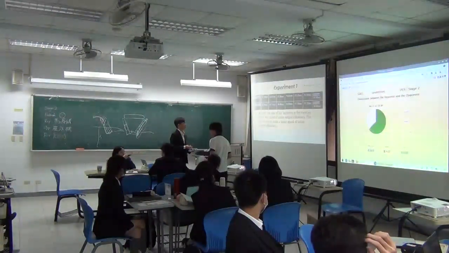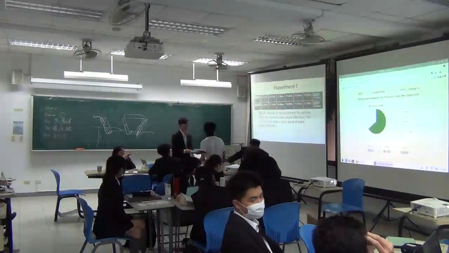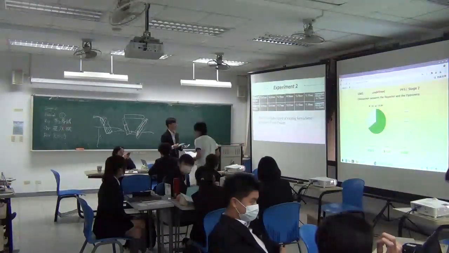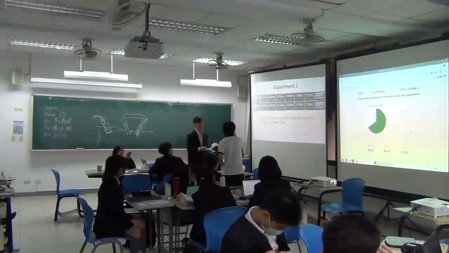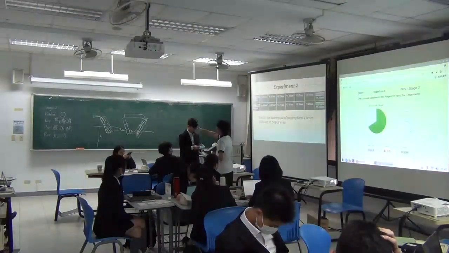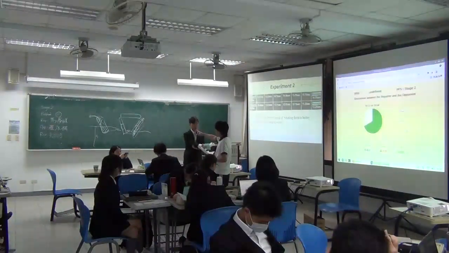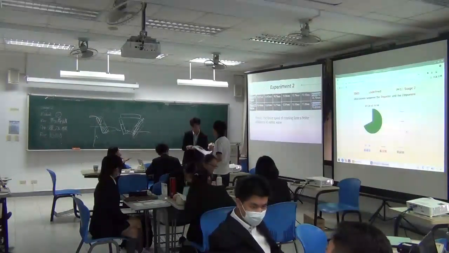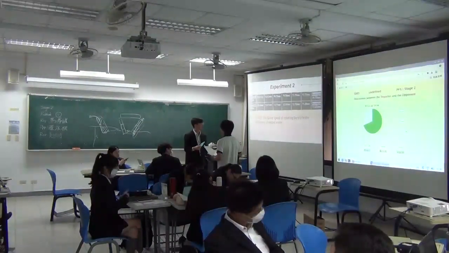Okay, then about the rotation speed, would you like to go to the rotation speed data? Please tell me about the trend you observe. So I think the rotation speed matters because, as I said, if the rotation speed is increasing, the centrifugal force is also increasing, and it will cause the water to be pushed up.